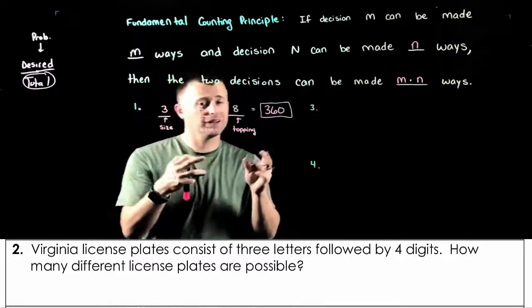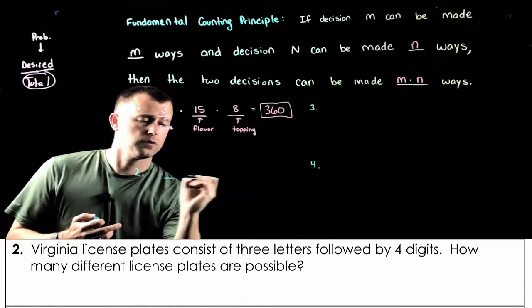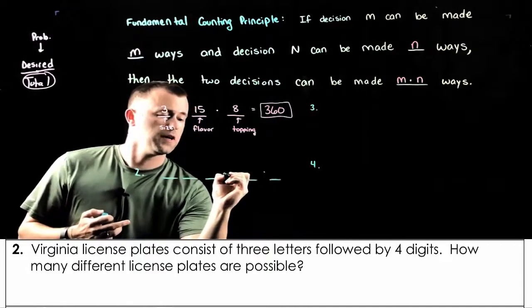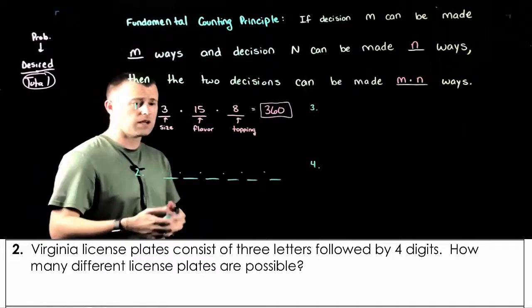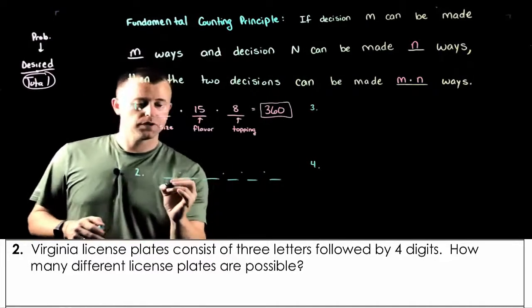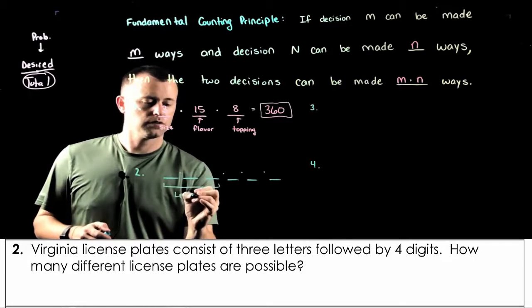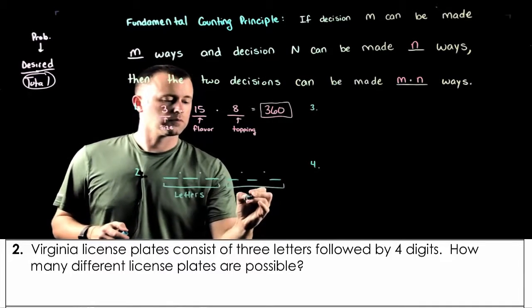When I'm picking a license plate, I have 1, 2, 3, 4, 5, 6 things that we're going to put in here, so I have numbers I need to multiply. These first 3 are going to be letters. So I start with letters, and then I'm going to go with 3 numbers.